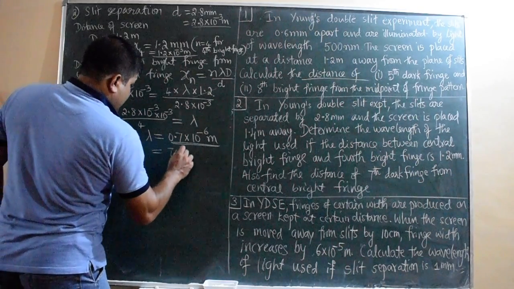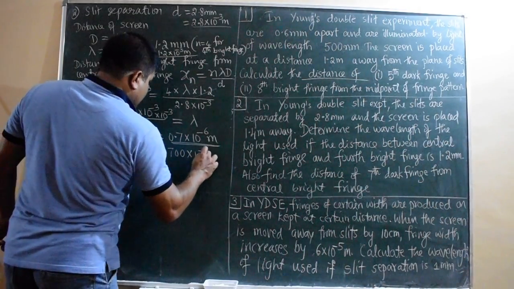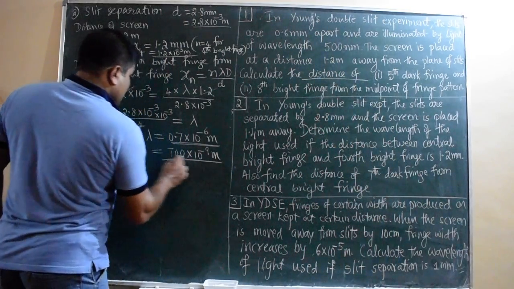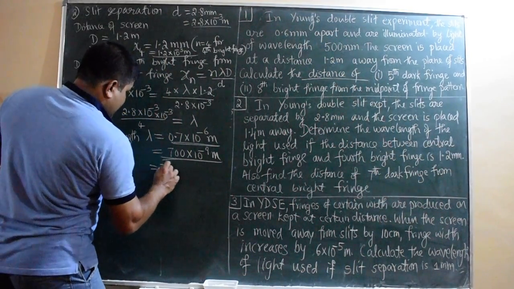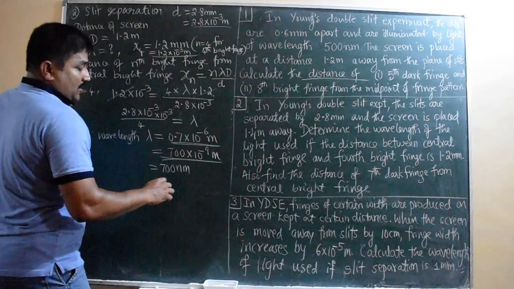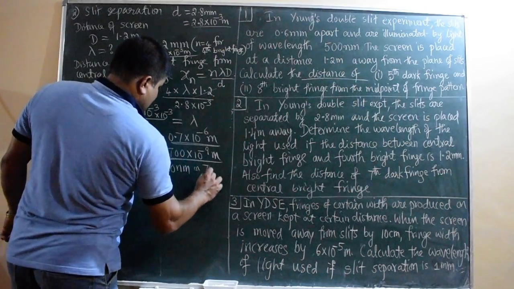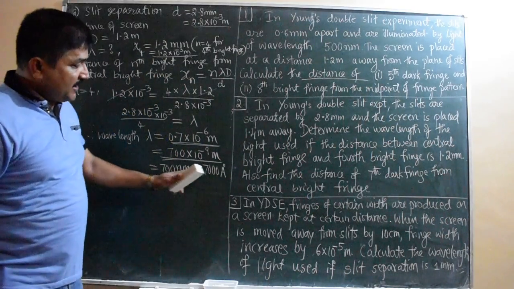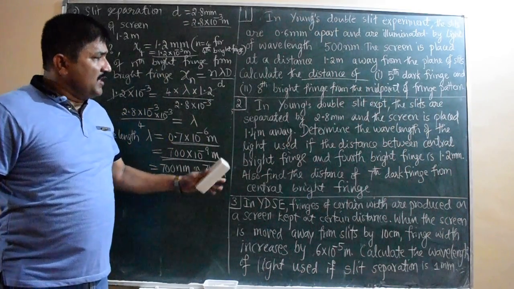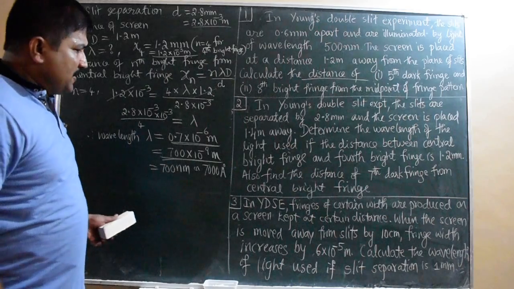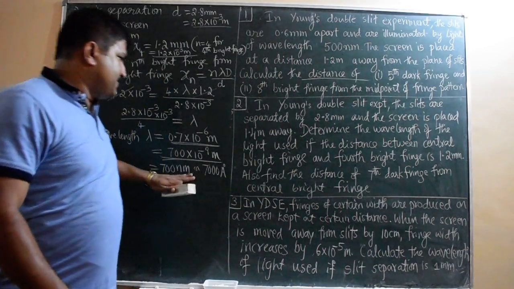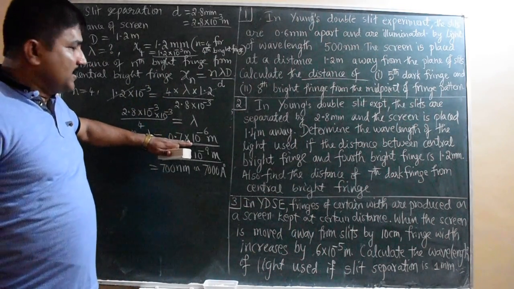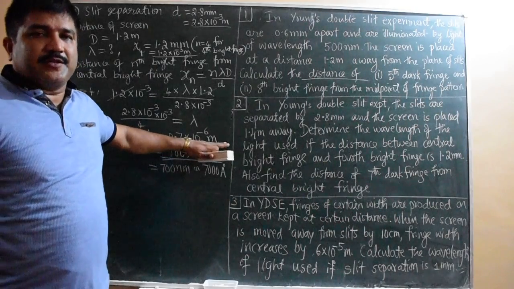So 700 into 10 power minus 9 meter, or you can write 700 nanometer, or 7,000 angstrom. 700 nanometer is the same as 7,000 angstrom. If the question is to find the wavelength in angstrom or nanometer, you have to express it so. Otherwise, you just leave the answer as you get it and put the unit meter.